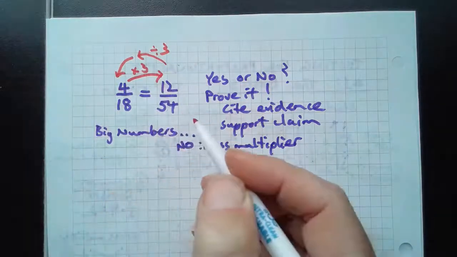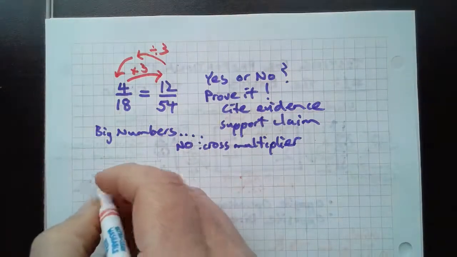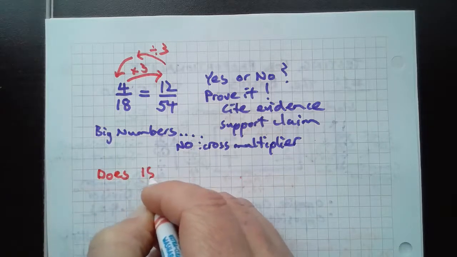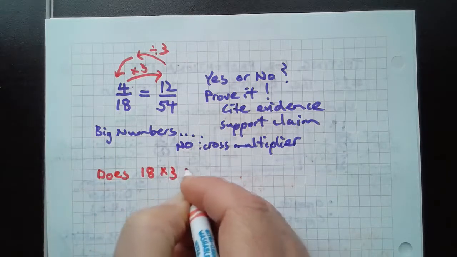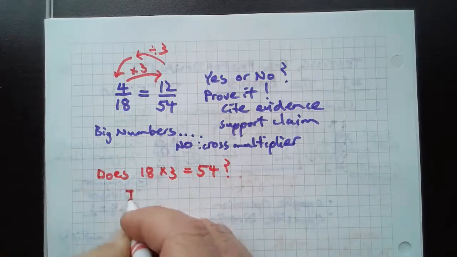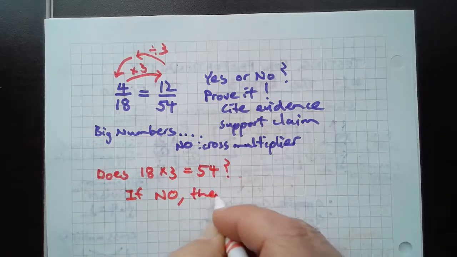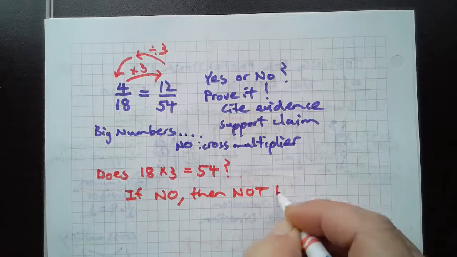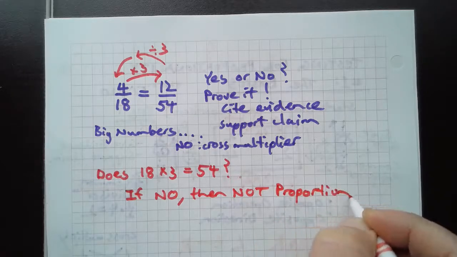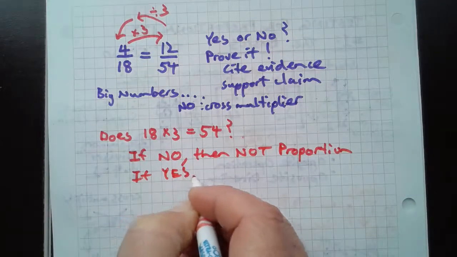So I know this works. And if this is going to be a yes, that means that 18 times 3 would have to equal 54. If no, then not proportion. If yes, then yes.